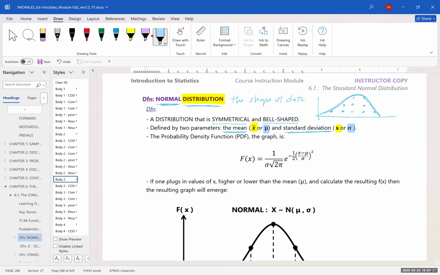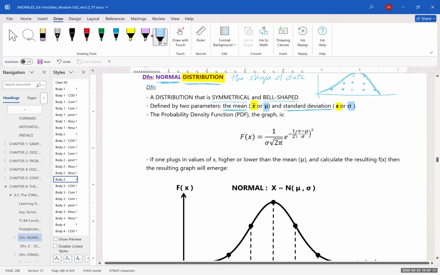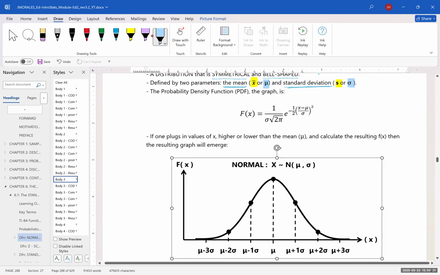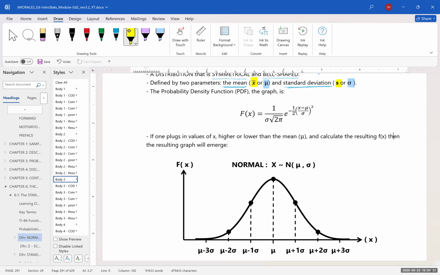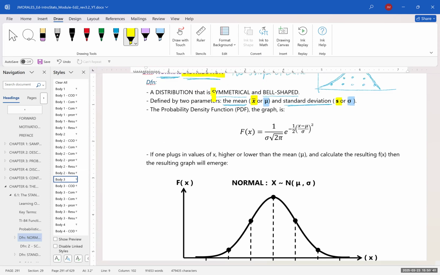Now, before I talk about this equation, let me move down a little bit more and show you what the picture of a normal distribution looks like. So you can see that a normal distribution, which I said earlier, is symmetrical and bell-shaped.